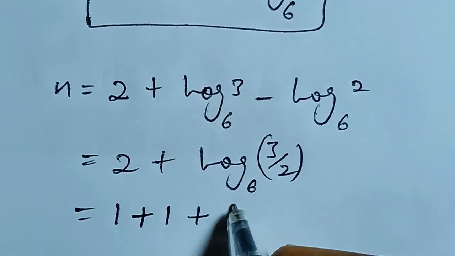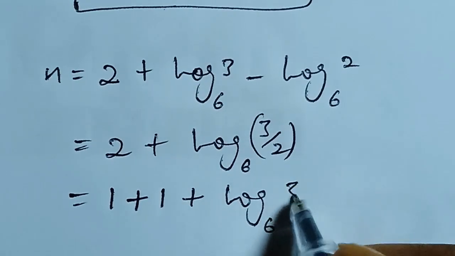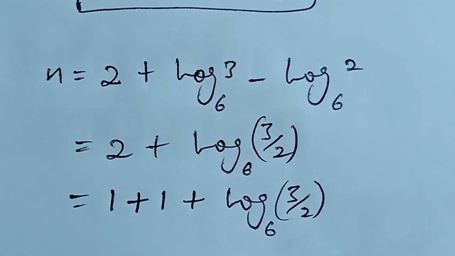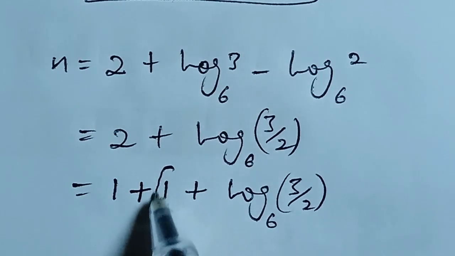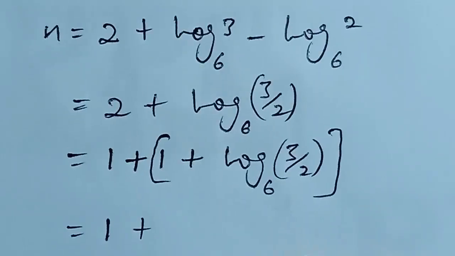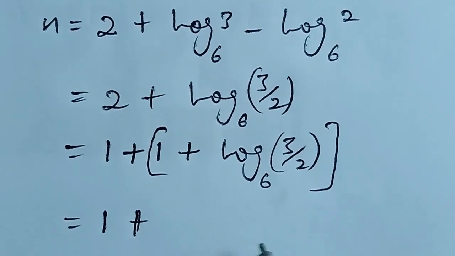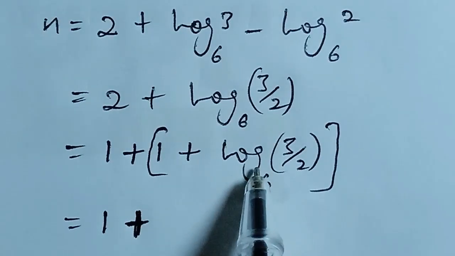Then we have plus log base 6 of 3 over 2. Now from here, let's put brackets here and over here. Now we have this equal to 1 plus 1 plus what we have in this bracket.